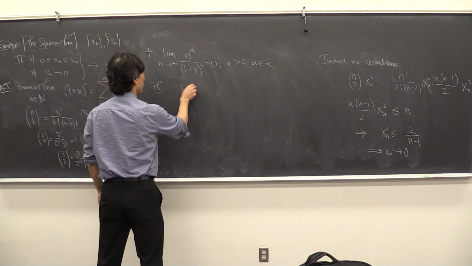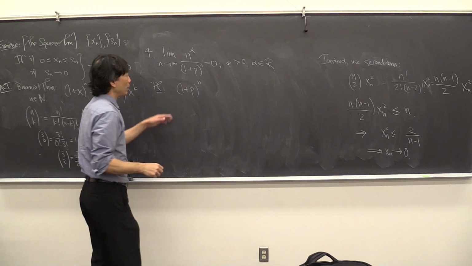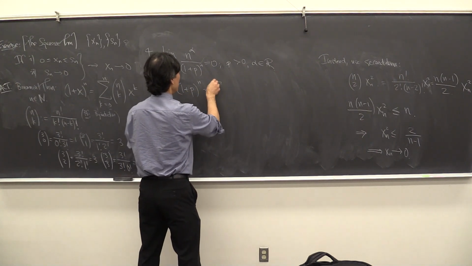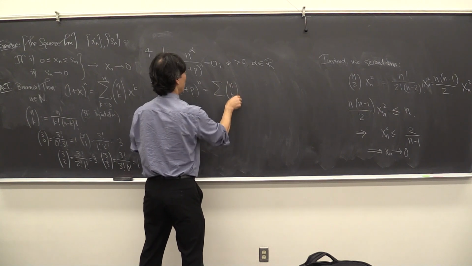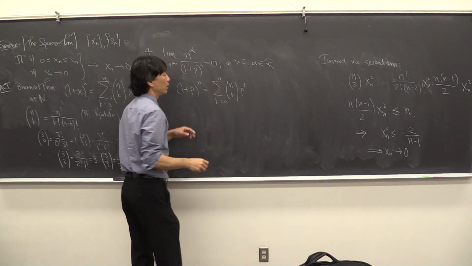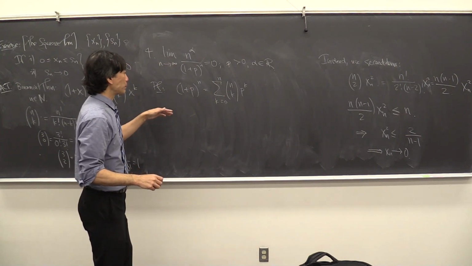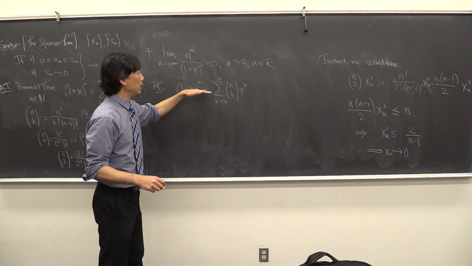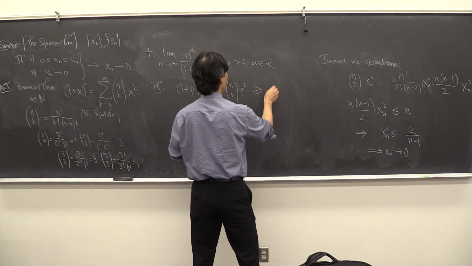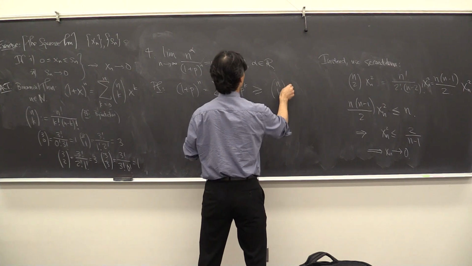You say, well, look, we know that this is going to be equal to the summation of n choose k, p to the k, from k equals 0 to n, right? So that is certainly true, and that's going to be bigger than any single term.